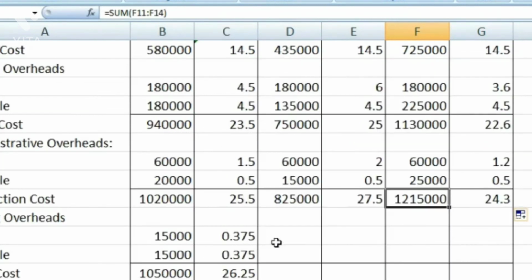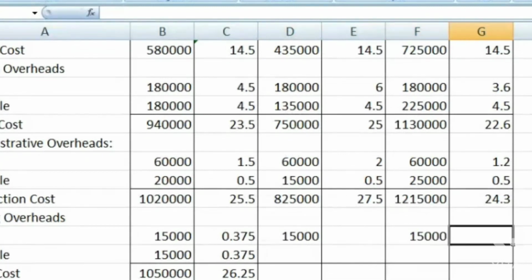Now again we do the same, just watch. 15,000. Fixed total remains the same and per unit remains the same in variable.